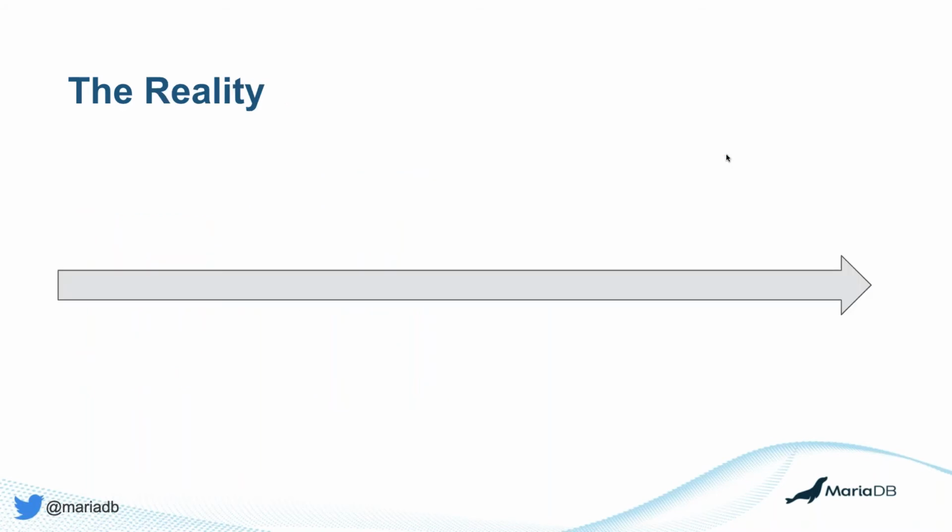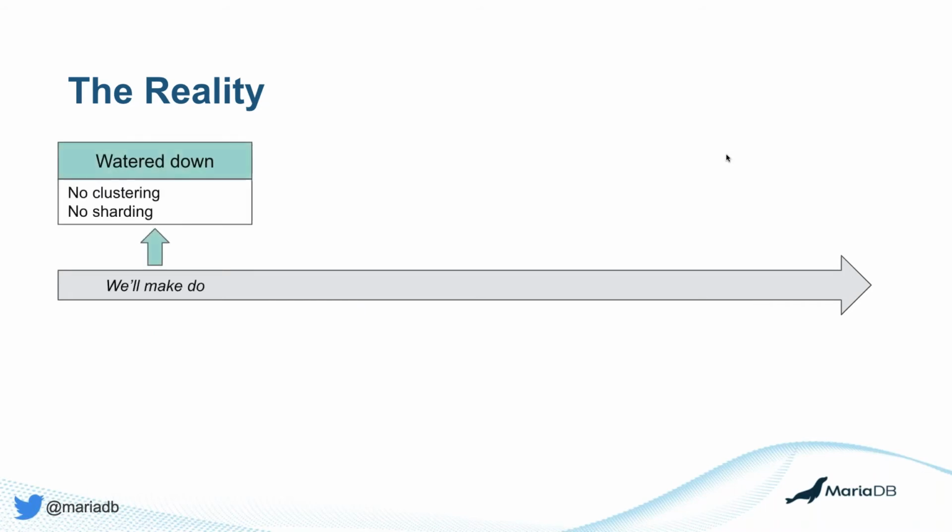Now, the reality of this is that, while you're getting some features certainly from MariaDB, there's certain things that are missing, right? Because there is an enterprise version that exists, which we'll get into. But as you're using Community, you're actually using a watered down version, and you're not taking advantage of things like multi-master clustering. You're not able to get sharding like you would expect inside of a database these days.